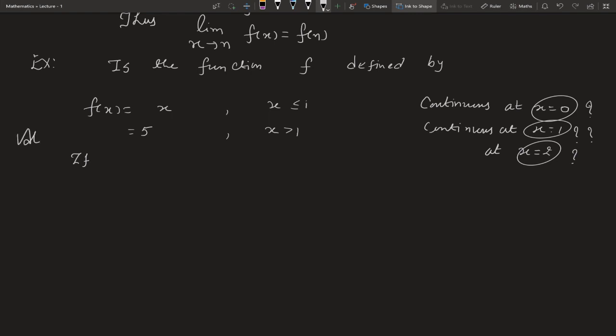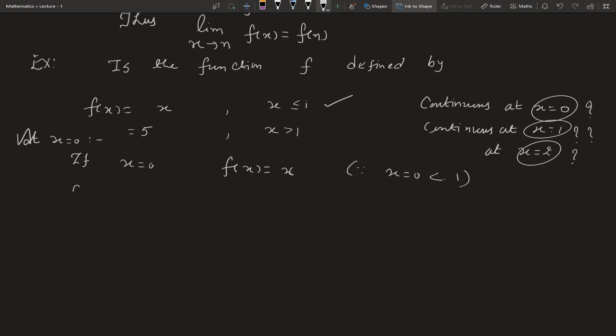First we check continuity at x equal to 0. If x equal to 0, so 0 is less than or equal to 1, so we have to use this part of the definition. So f of x equal to x, the reason is x equal to 0, which is less than 1.